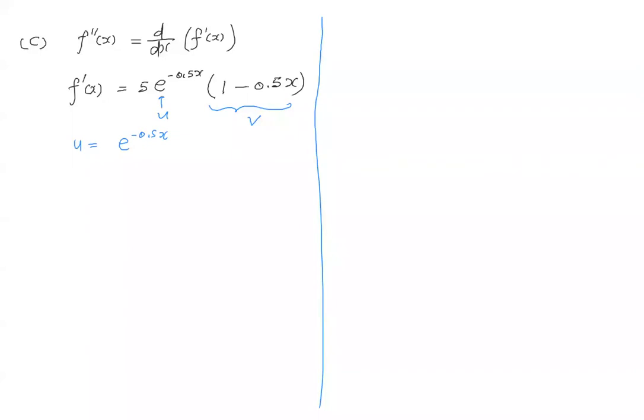So when I get my f double prime x, I remember to write a 5 outside first, so I don't have to keep factorizing it. So v is equal to 1 minus 0.5x.